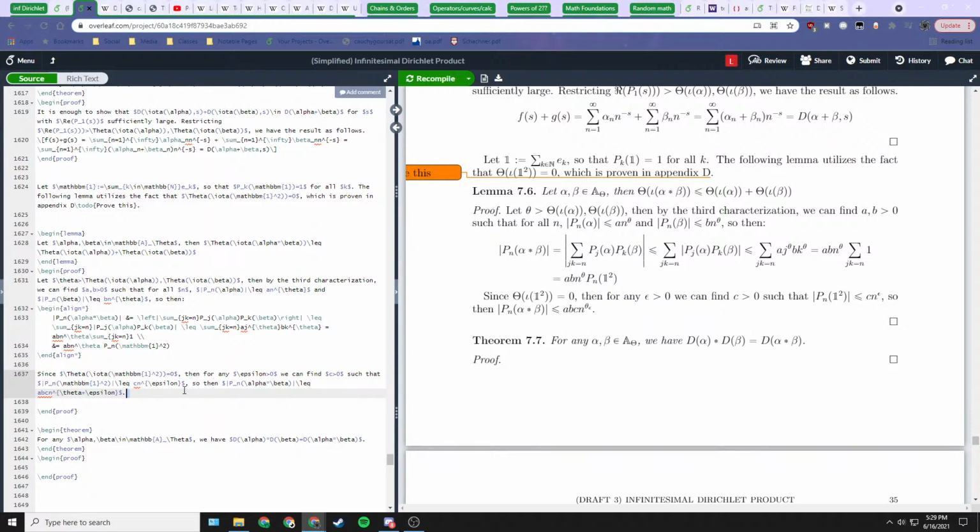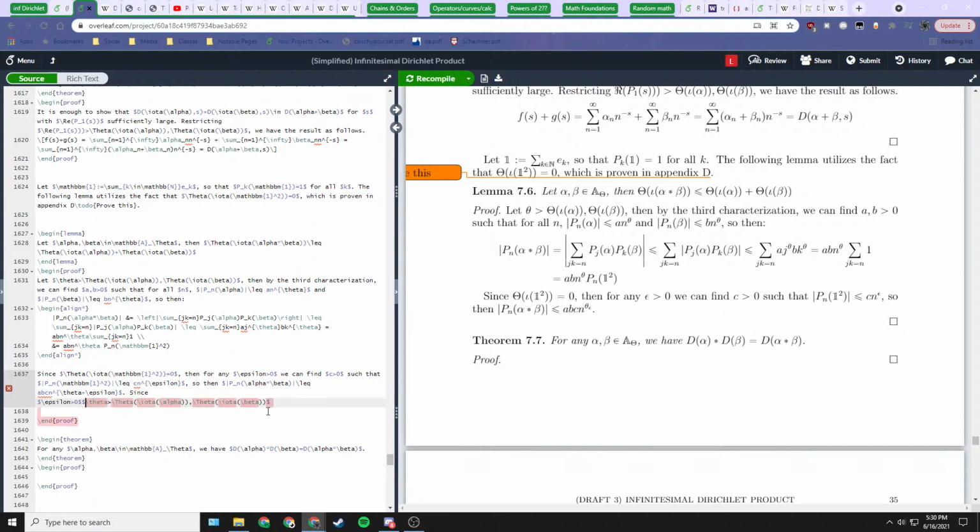Right, plus epsilon, and then since epsilon greater than 0 and theta greater than, sorry, greater than capital theta of these ones, since epsilon and theta are arbitrary except for epsilon greater than 0.